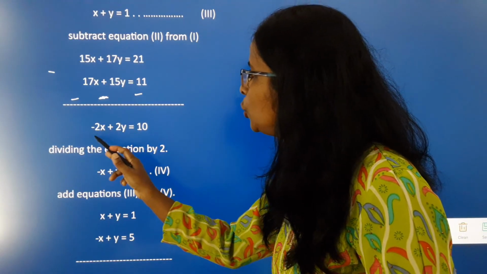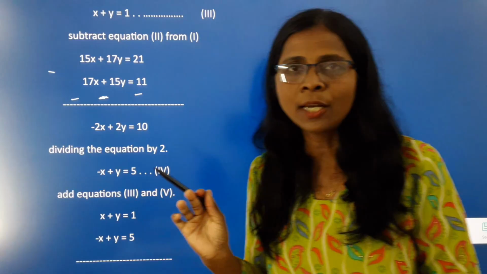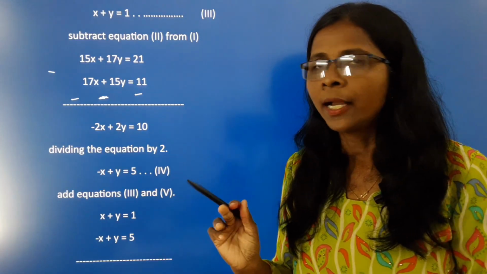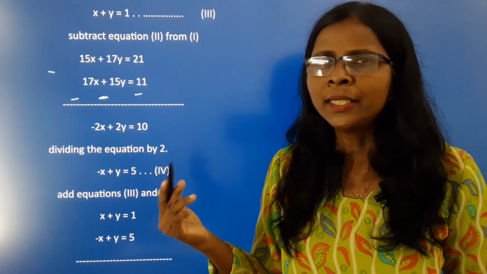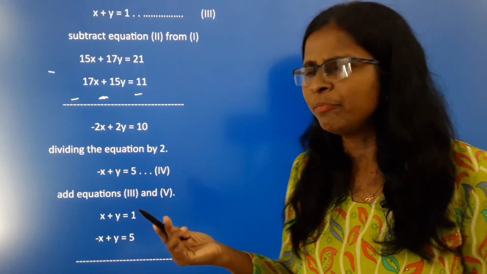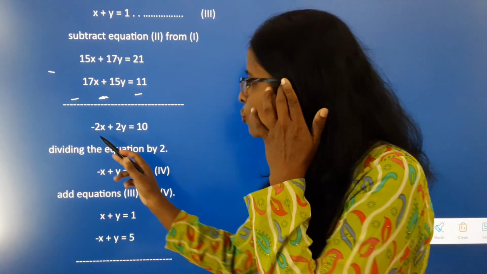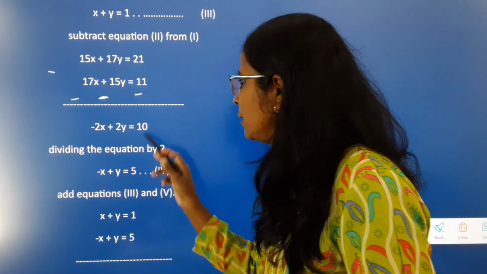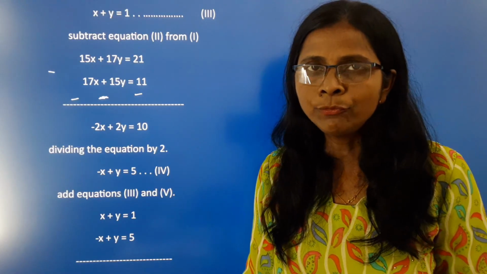So the coefficients are 2 for x and y and the constant is 10, which is in the table of 2, so it can be simplified. After dividing the equation by 2, we get minus x plus y is equal to 5. This is the new equation, call it the fourth one.